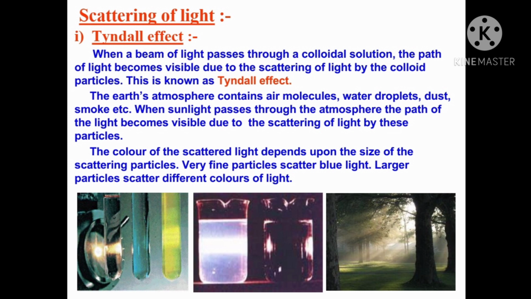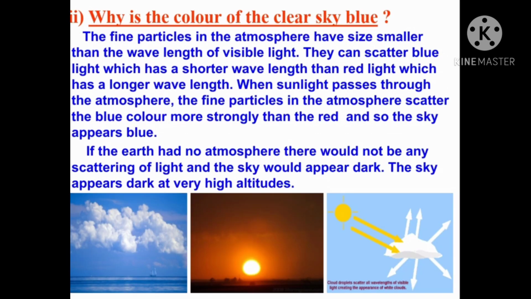When a ray of light passes through them, the particles scatter some light and the path of the light becomes visible. The color of the scattered light depends upon the size of the scattering particles. Very fine particles scatter blue light, and the larger the size of the particle, the different color they will scatter.